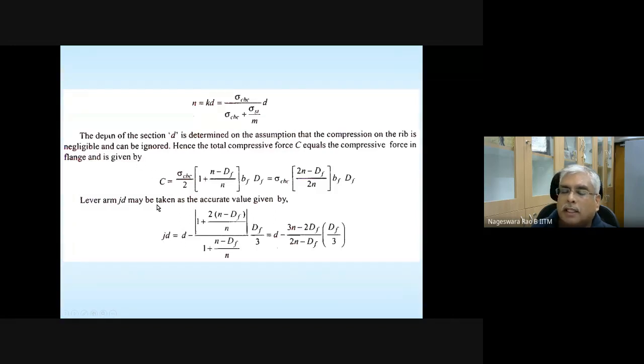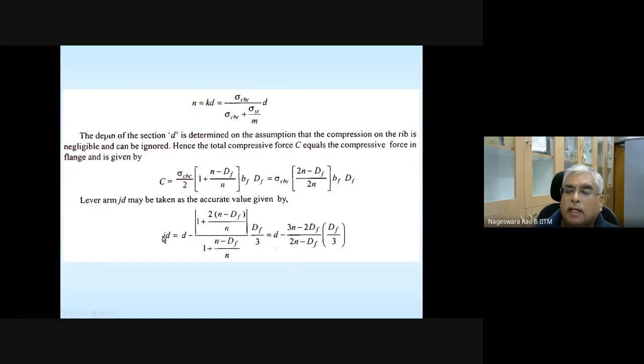So I suggest you take note of the trapezoid centroidal distance and area of trapezium, how you calculate that, and apply it to our stress distribution or compressive force diagram, and you can check whether these quantities, this lever arm distance, are correct or not.